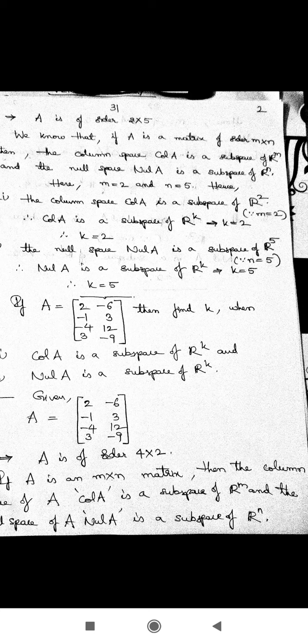So if A is a matrix of order 2 by 5, then the number of rows in A is 2 and the number of columns in A is 5. That is how we got the values of m and n here as 2 and 5 respectively.